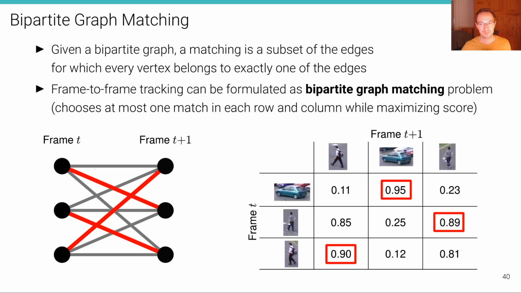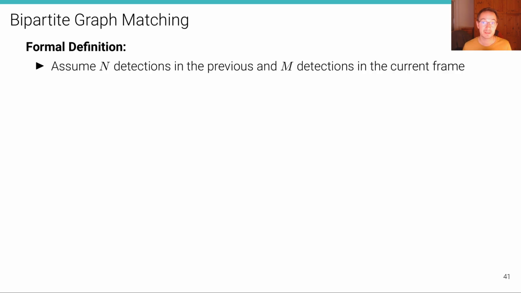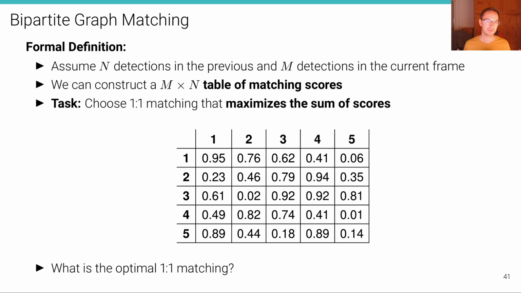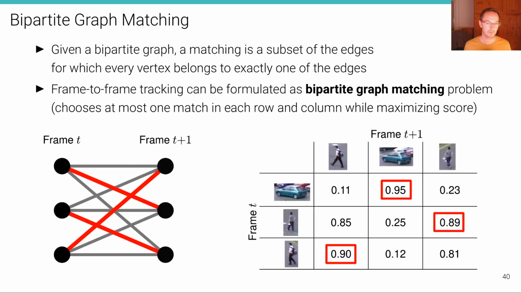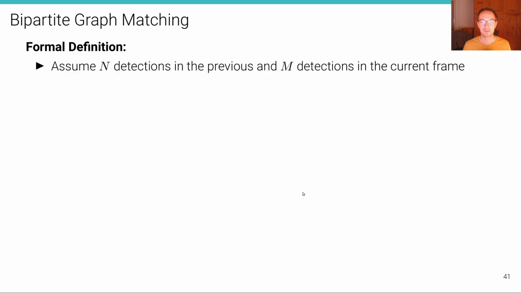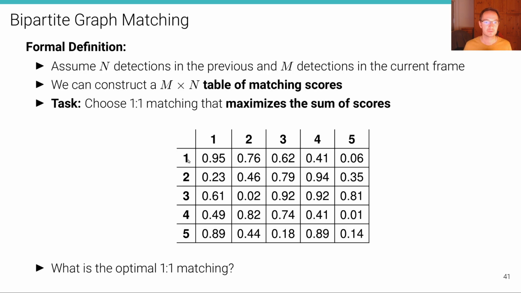Now the question is, of course, how can we solve this bipartite graph matching problem? And that's what we're going to discuss now. Let's first formally define it. Assume n detections in the previous and m detections in the current frame. We can then construct an m by n table of matching scores. Before we had a table of 3 by 3, now we have a table of 5 by 5. 5 object tracks, 5 detections in the current frame.